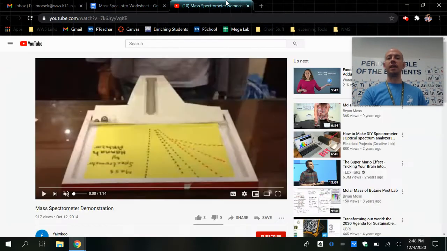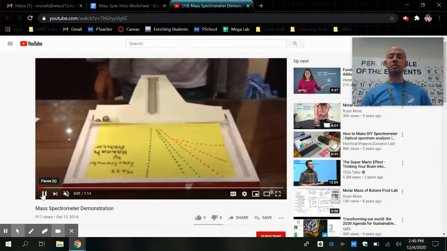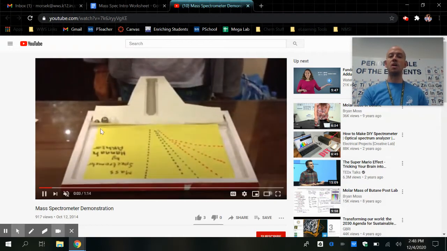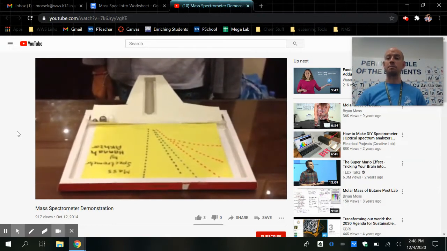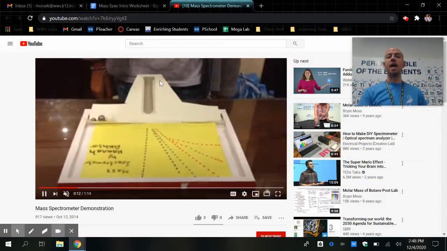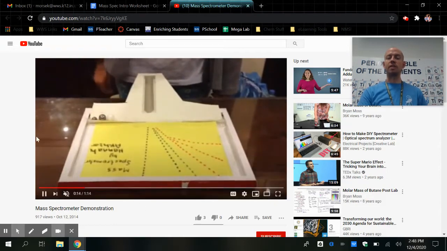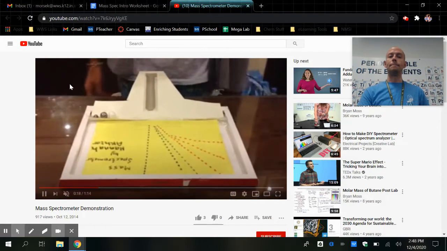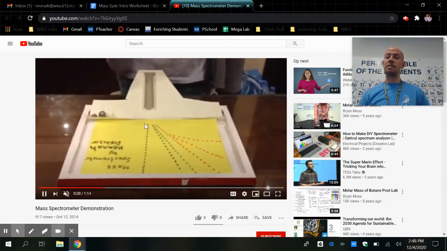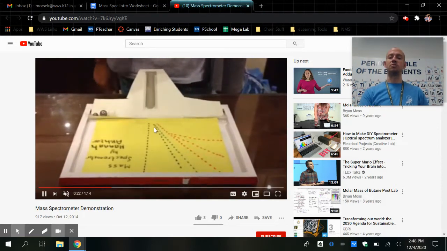This video right here is a student, not one of mine, but another student that's showing how this works. What they show here is they've got a ramp to roll either marbles, plastic balls, or metal spheres down. When you just roll it straight down and it doesn't have any charge, it goes straight. But some of these are metallic and are attracted to a magnet.